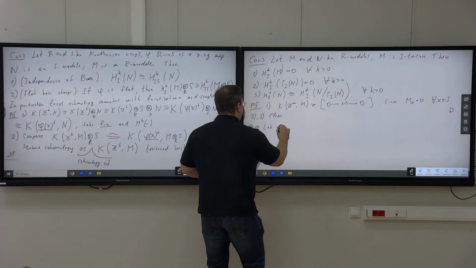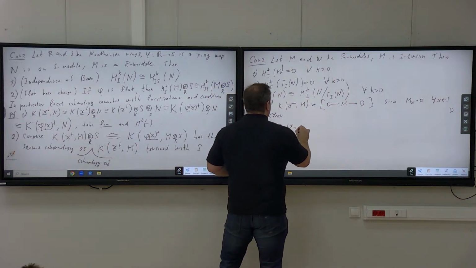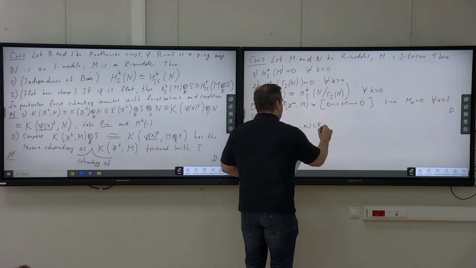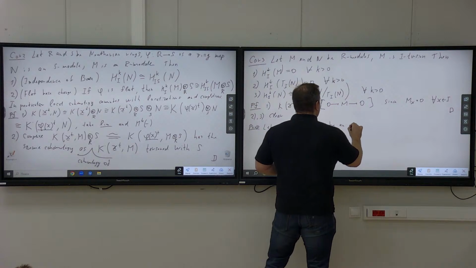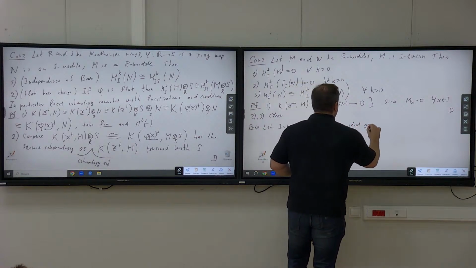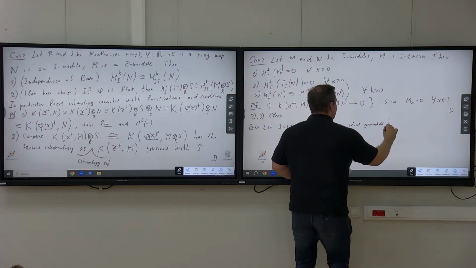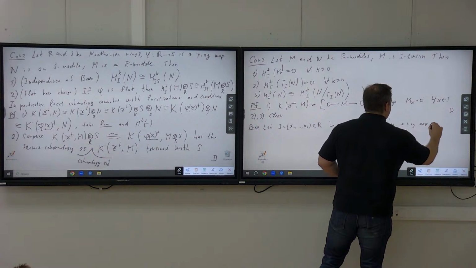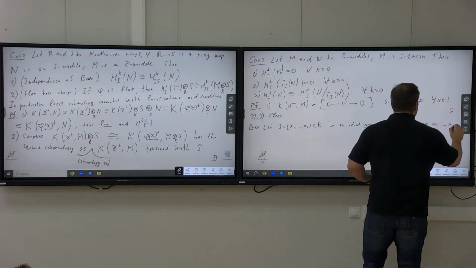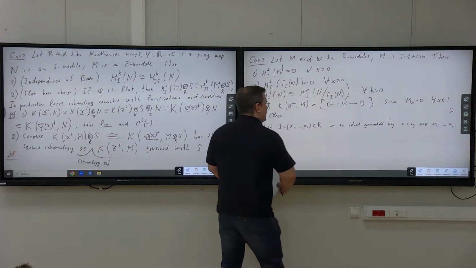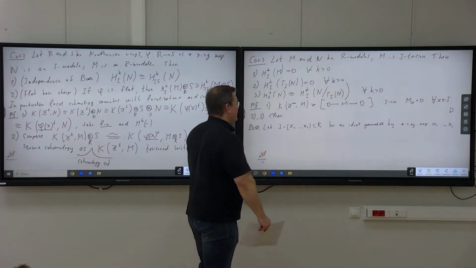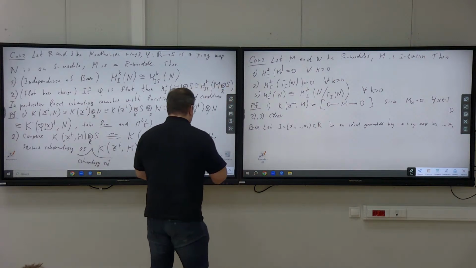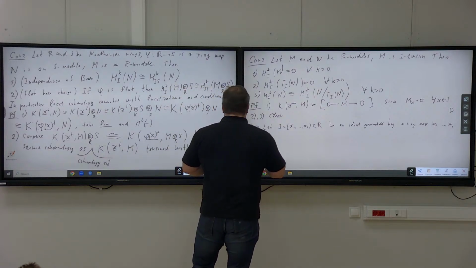So let I inside our ring R be an ideal generated by a regular sequence x1, ..., xc. So now I additionally assume that the sequence that generates the ideal is a regular sequence. This is more information that I haven't had before.